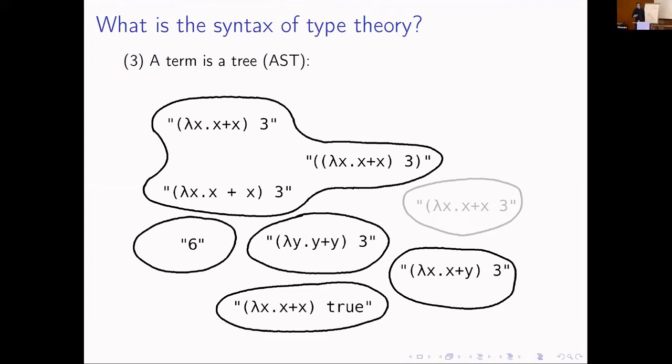Then we continue this game a bit more. We realize that the names of bound variables don't matter. So this lambda y plus y is the same as lambda x plus x, and these should also be identified.